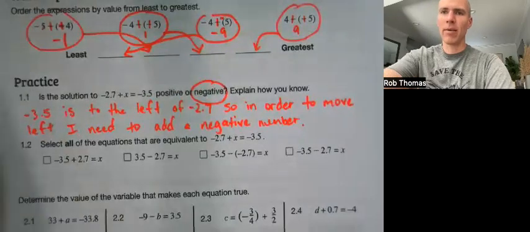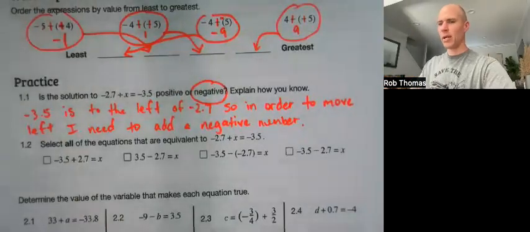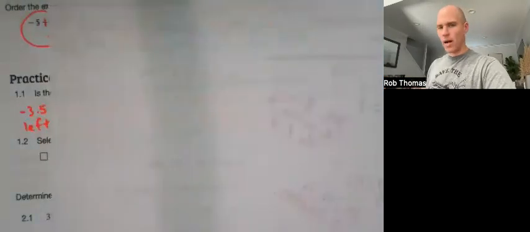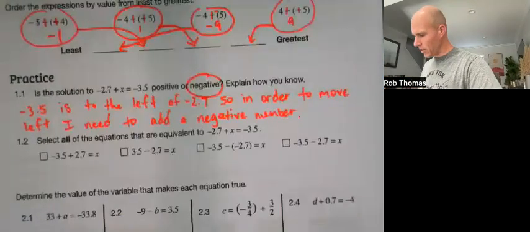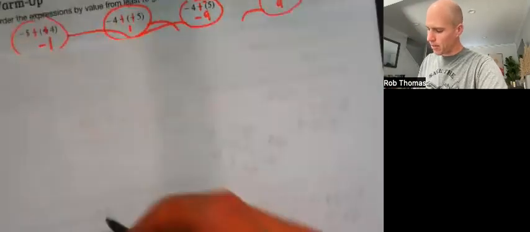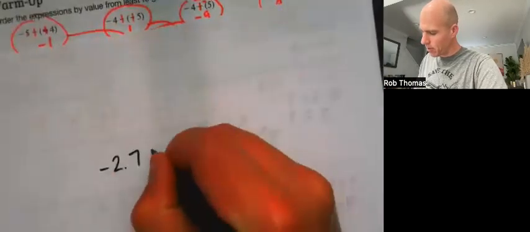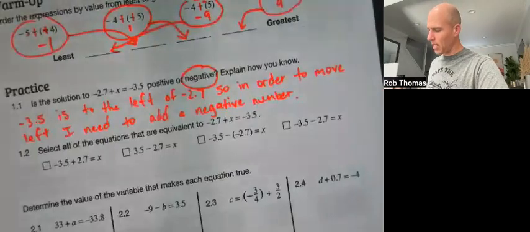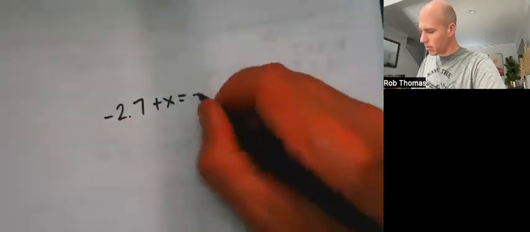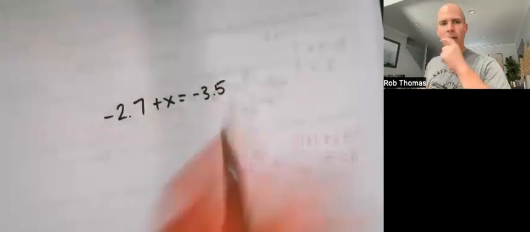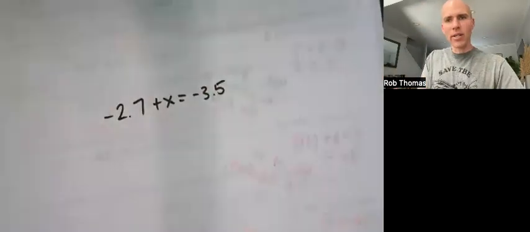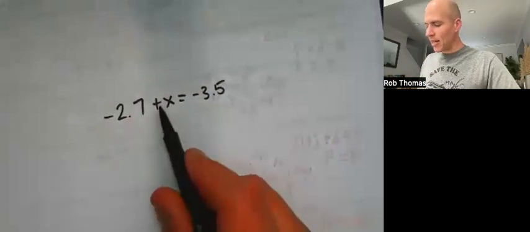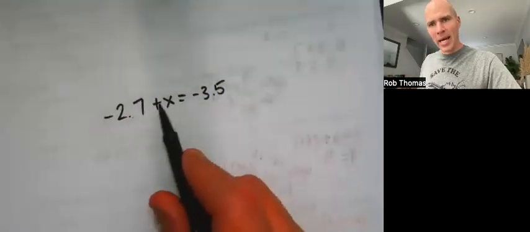Let's see. I'm gonna grab a piece of paper from another assignment we've done. All right, so the original equation is negative 2.7 plus x equals negative 3.5. Now, if you're already getting good at solving these one-step equations, hopefully you're seeing, oh, I've got a negative 2.7 being added to my x.